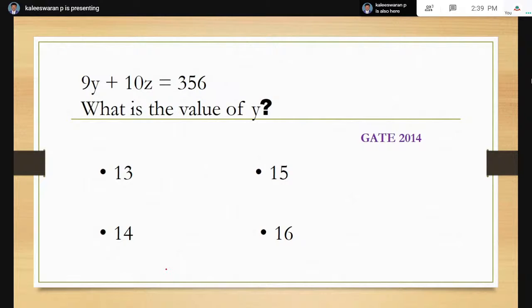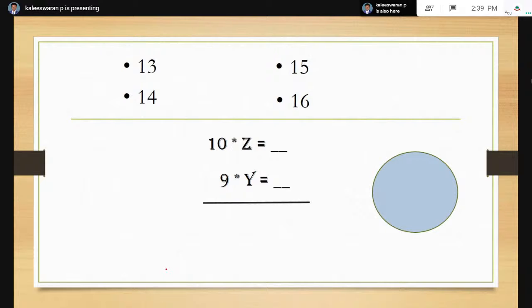Okay, let's see the problem through the aptitude view. You can solve this problem through the unit digit approach. What is the unit digit approach?